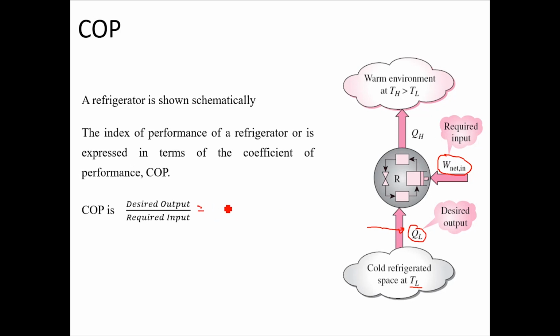Based on this, we defined the coefficient of performance. The desired output was essentially QL, and the required input was essentially the net work input into the system. If you apply an energy balance on a closed system undergoing a cycle, you come to know that work net is essentially QH minus QL.